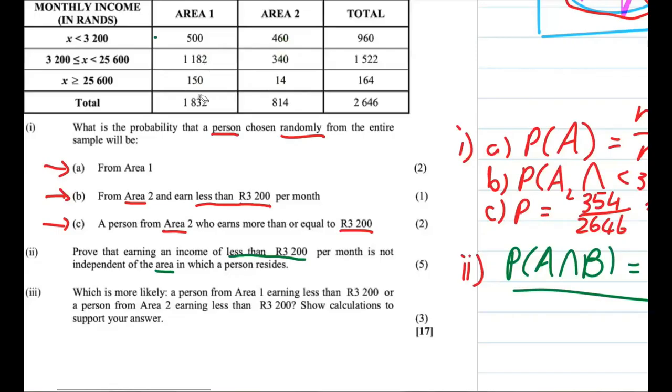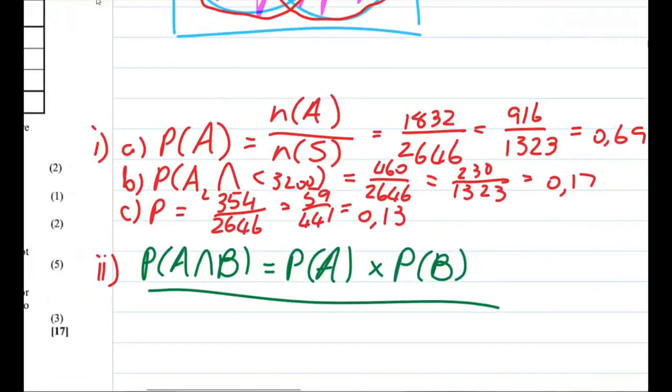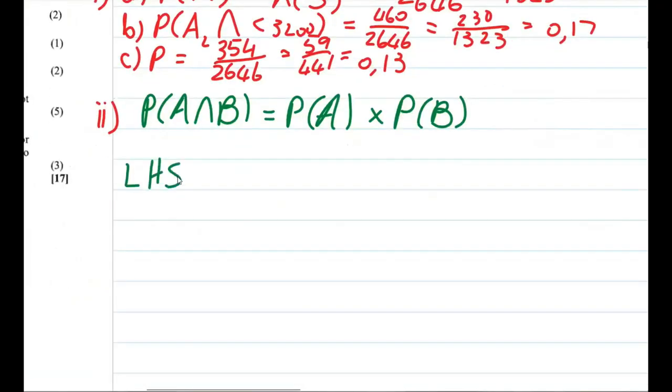Right. Yes, so we're going to find the left-hand side of this formula and work with it independently. And we're going to work with the right-hand side of this formula and work with it independently.